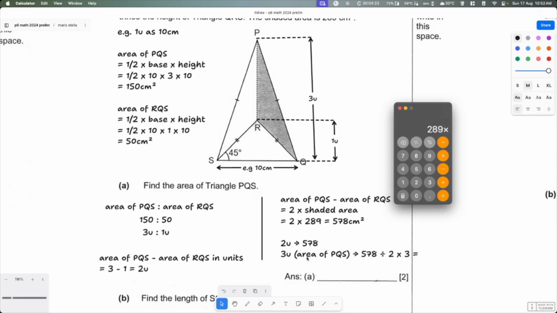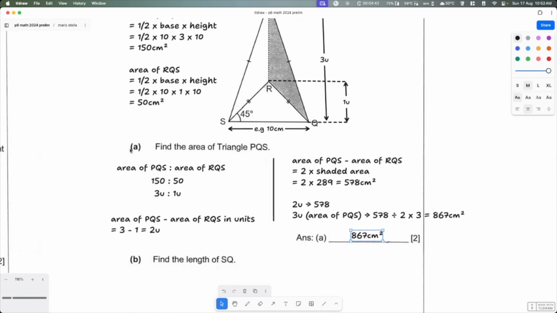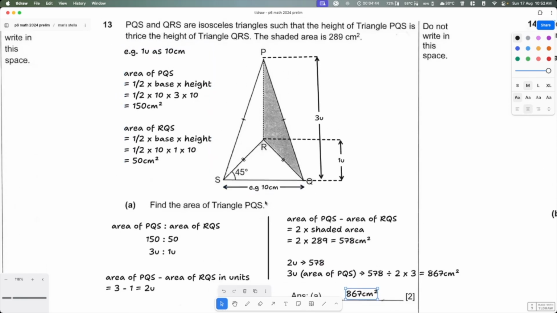It will give you 867 centimeter square. There you go. That's the answer. So the answer is 867 centimeter square.